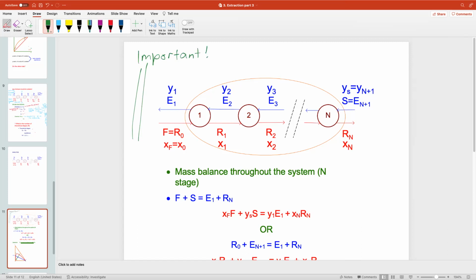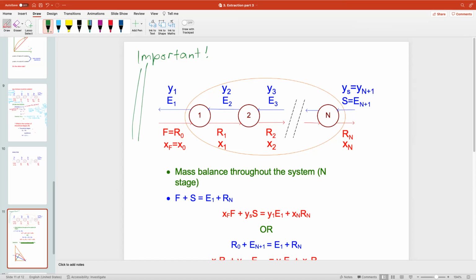Last year we had one very difficult question in the exam, and it tells you really how much you understand about the concept. So don't only look at the graph.